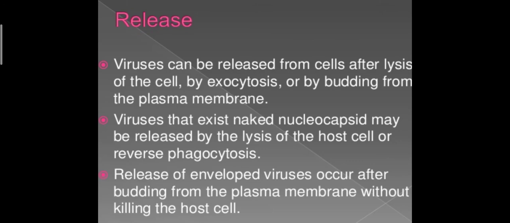The release of enveloped viruses occurs after budding from the plasma membrane without killing the host cell. Some specific viruses won't kill the host cell because they want to produce lots of viruses. For that purpose, they will make changes in the particular cell, so only the virus components will replicate in the cell. They will damage our normal cellular metabolism.